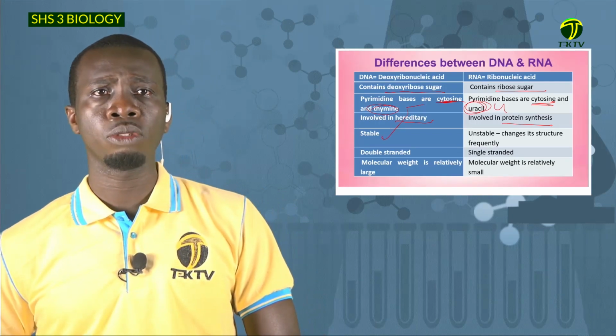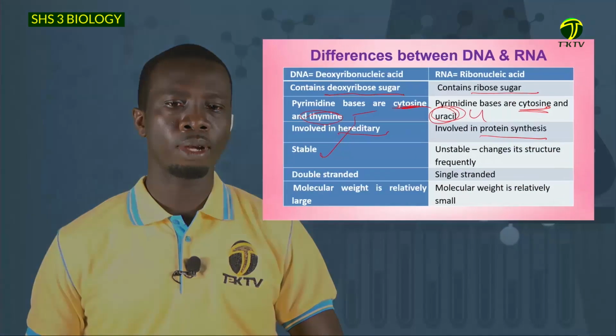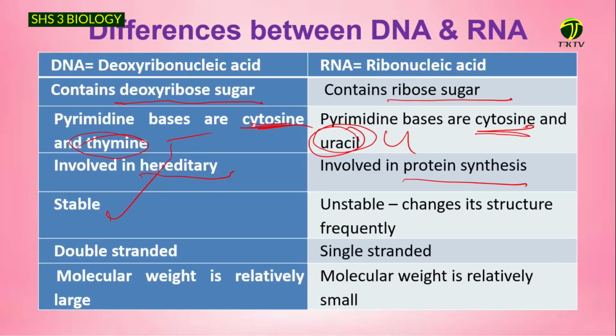A DNA is found to be stable because it's always there in the organism. And then the RNA happens to be highly unstable. It keeps on changing based on the function that it is performing at a particular time. DNA happens to be a double structure.